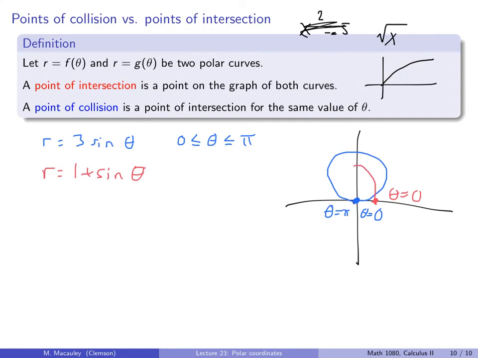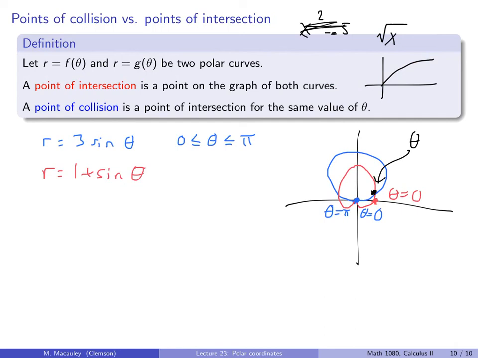Then we go back down to here, and then we have this little heart shape. Maybe I should have drawn this bigger. Oh well. This point of intersection happens at theta equals, I'm not even going to try to guess what r is.